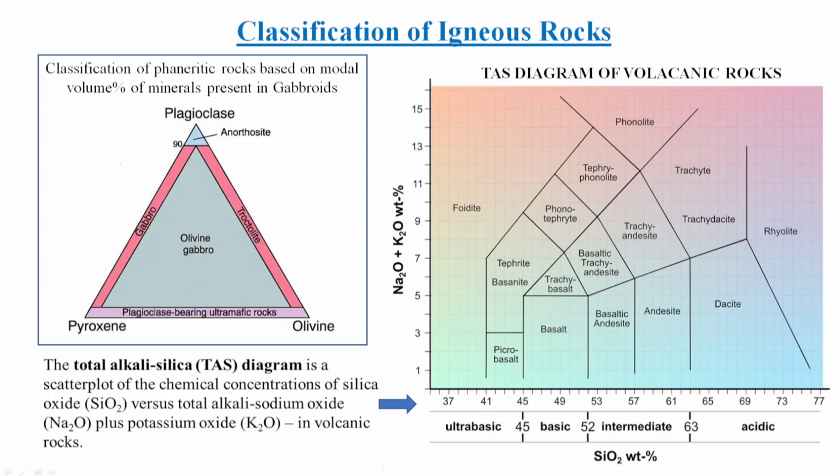And there are other rocks like andesite you can see, then you can see tephrite, basanite. So these are all your ultrabasic or basic igneous rocks. So this is the only way, which is derived chemically based on the weight percentage of silica and the total weight percentage of Na2O plus K2O. So that will give you this TAS diagram.